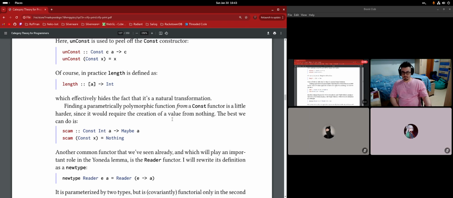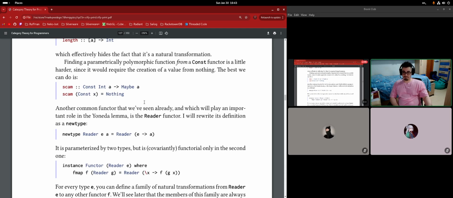So the const functor is a little harder to see, as we're coming from there to something else. We have this function here, which works, but it's kind of weird. And then we're going to go to the reader functor, which is what we have seen before when we were talking about contravariant and stuff like that.